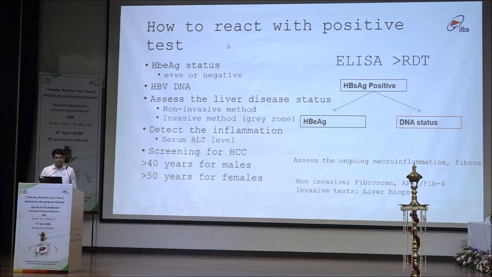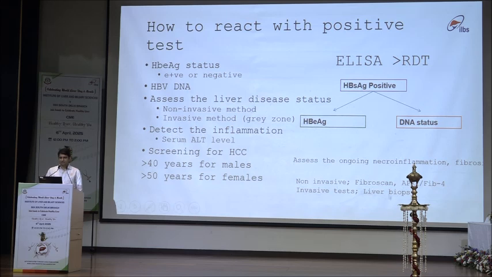So, how to react to a positive test for hepatitis B virus antigen? First, a rapid diagnostic test may be less sensitive or less specific. So, we must verify the result with confirmation by ELISA, and we should assess the state of ongoing necroinflammation by doing ALT levels and fibrosis assessment as per the national guideline.